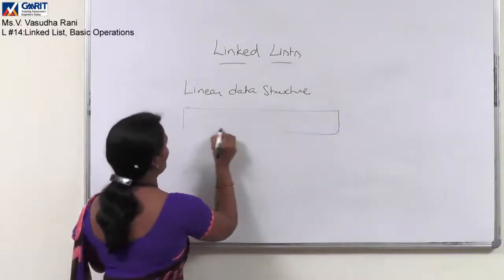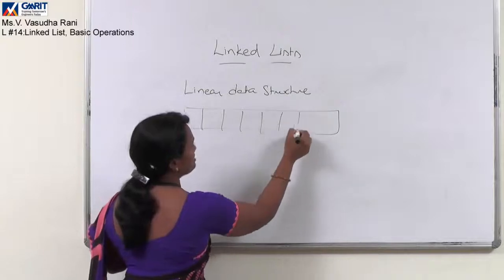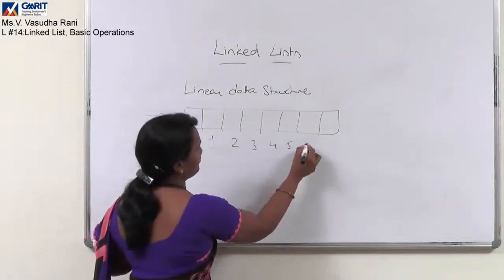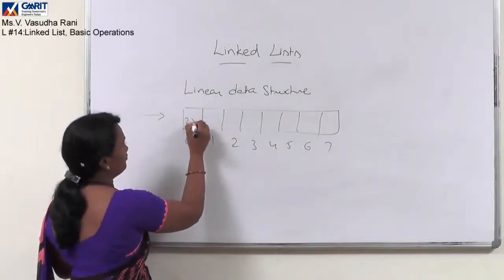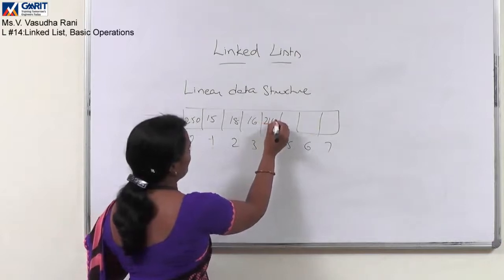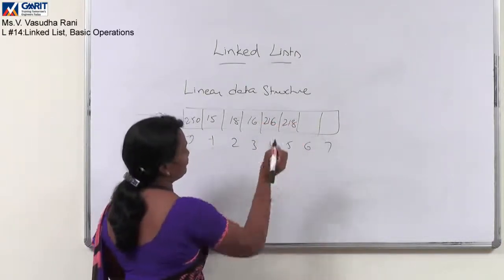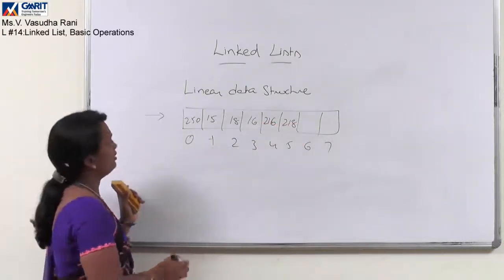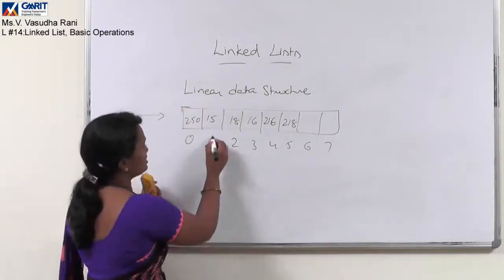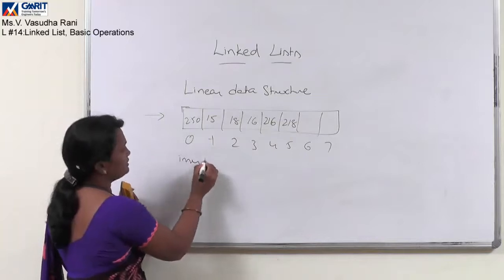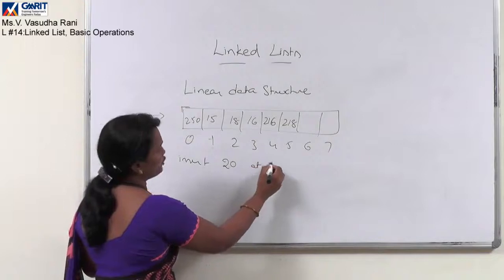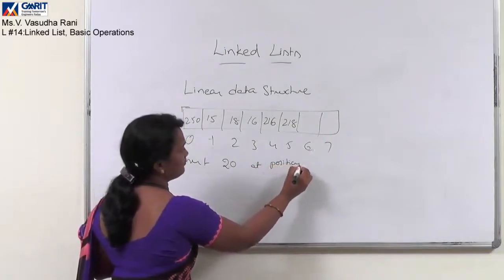Suppose you take an array like this with some 10 elements. If this is the data in your linear sequential data structure, now you want to insert some data 20 at position 3.